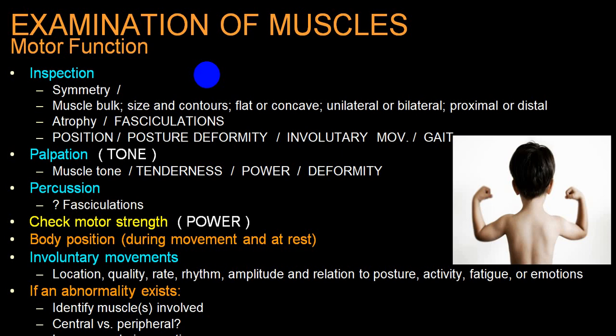The side where there is an atrophy is very frequently a lower motor neuron palsy. In a normal person, both sides should be equally bulky. So the side where there is atrophy, usually that is the disease side.